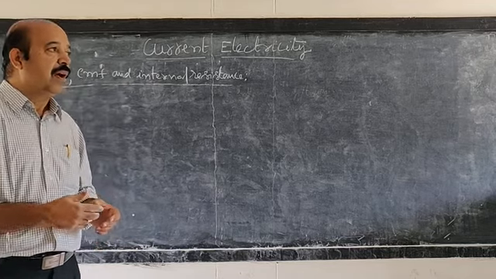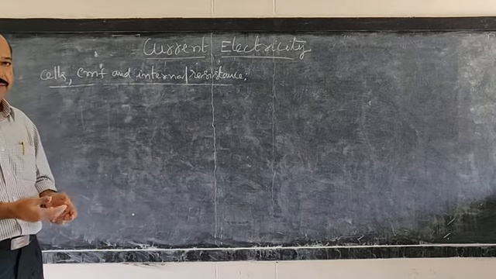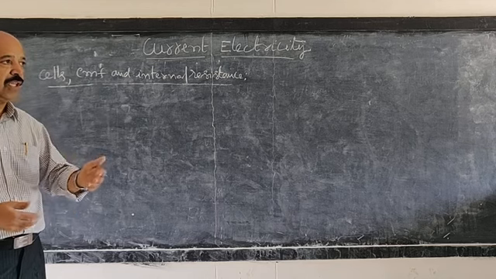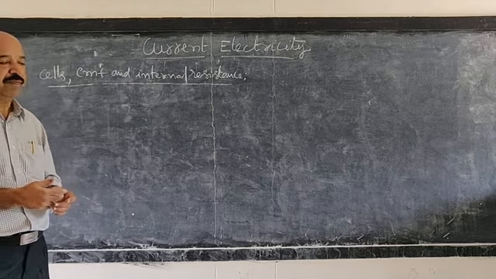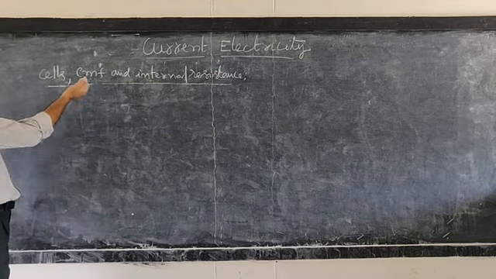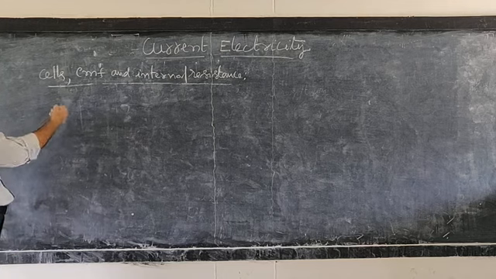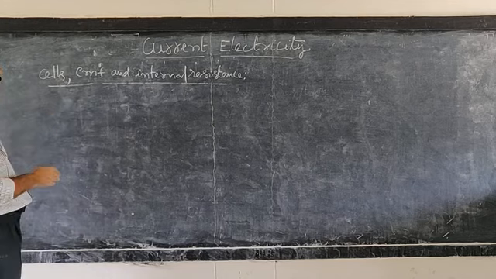And the energy provided by the cell per unit charge to pass through the circuit, we call it the EMF of the cell. So let us derive a simple formula for EMF and internal resistance. What is the relation between those two?